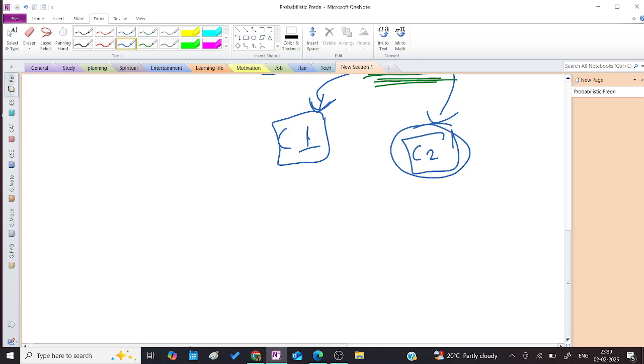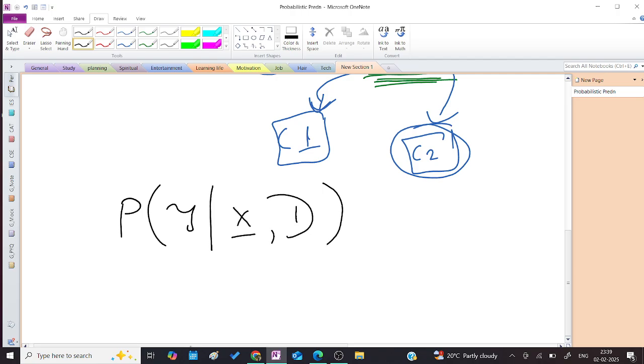So what to choose and how to proceed? For this, what we will do is find out the probability distribution for y given vector x and the data set.